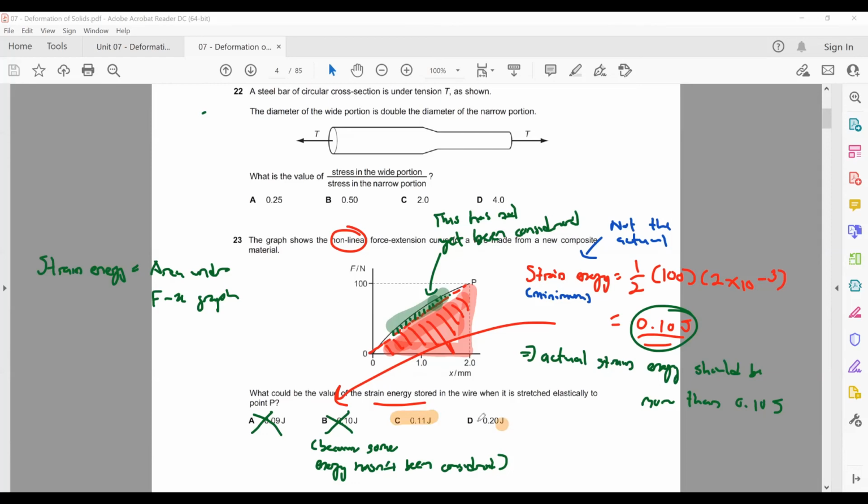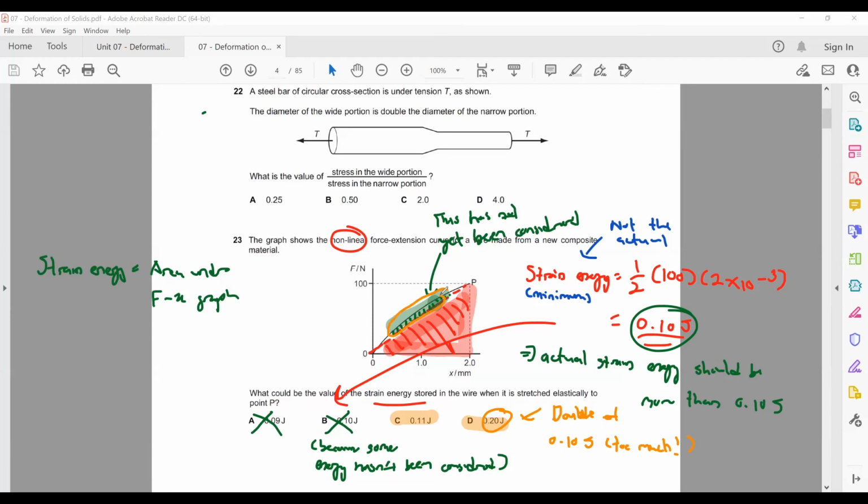Either this one or this one. So how do you pick which one is the correct one? If you see 0.20, this one is double of 0.10 joules. This is actually too much. Because the part that you haven't really considered is just this small portion here.